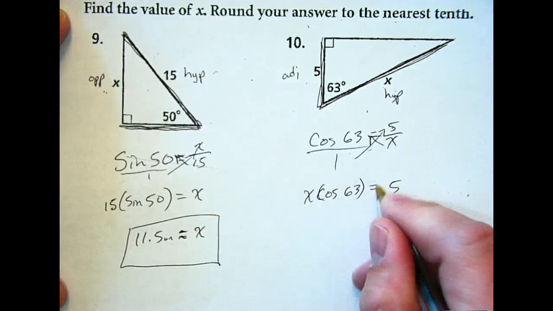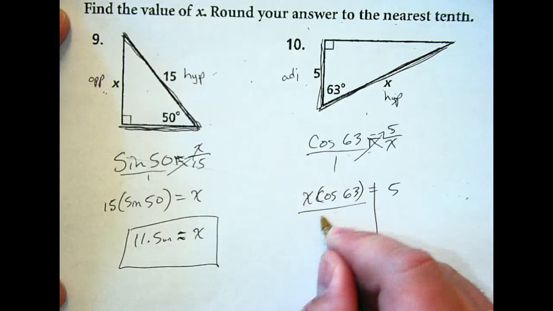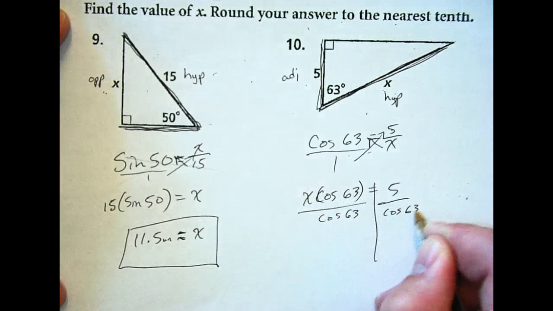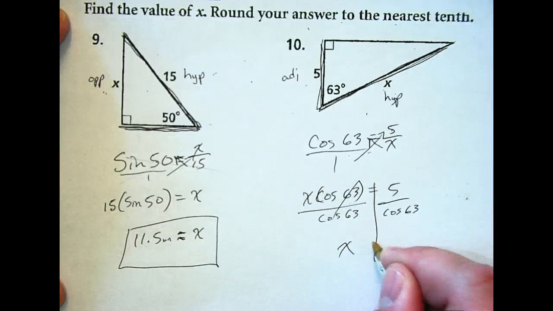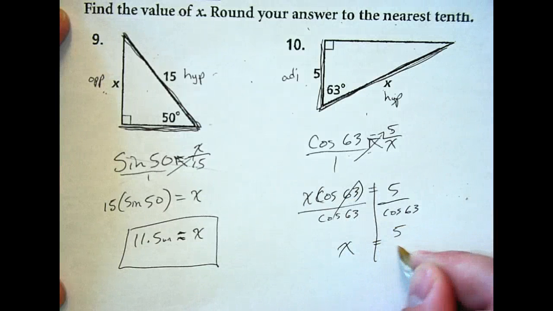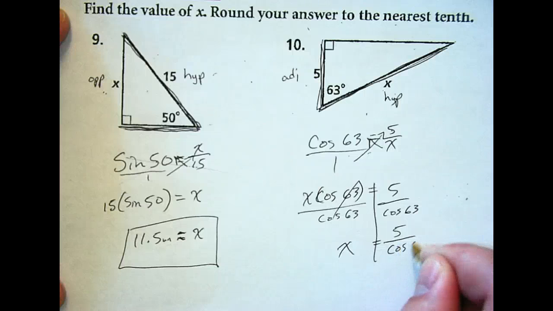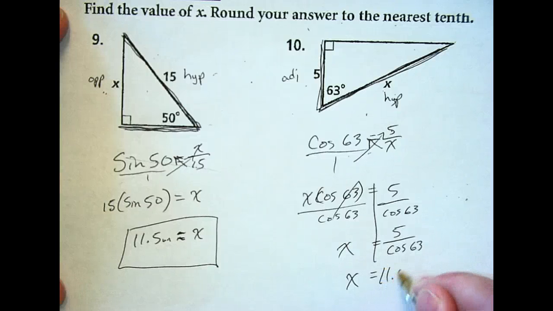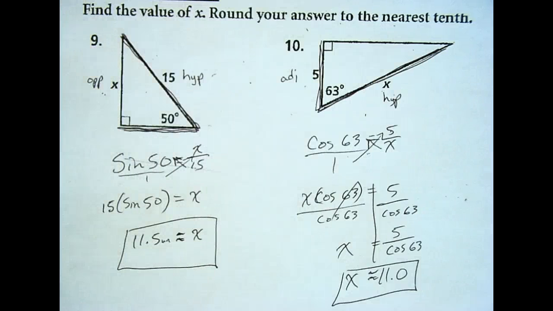And then you have to divide both sides by cosine 63. The less work you show, the easier it is to make mistakes. 5 over cos 63, I don't know what that is. 11 point what? 0. Approximately 11.0. Any questions there?